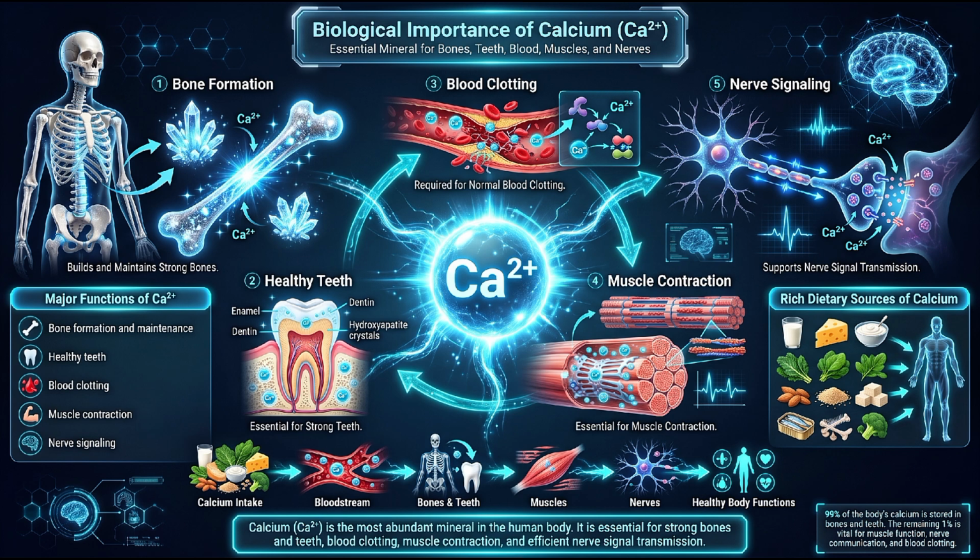If dietary calcium intake is insufficient, the body begins removing calcium from bones to maintain normal blood calcium levels, gradually weakening the skeleton and increasing the risk of osteoporosis and bone fractures. Calcium is equally important for maintaining healthy teeth. Tooth enamel and dentin contain large amounts of calcium in the form of hydroxyapatite crystals, making teeth hard and resistant to wear.